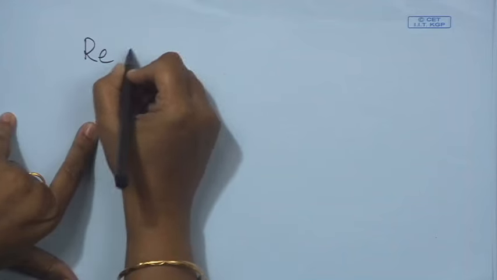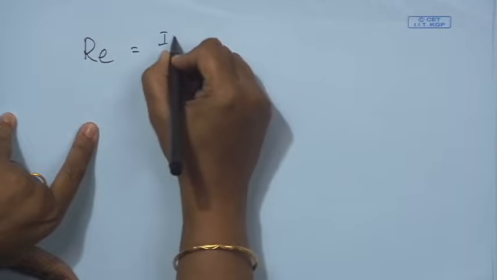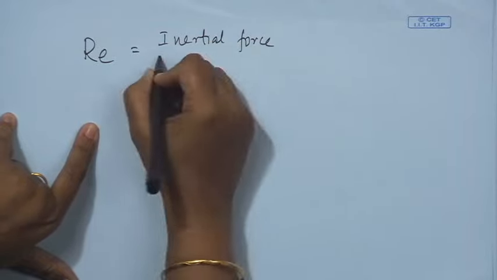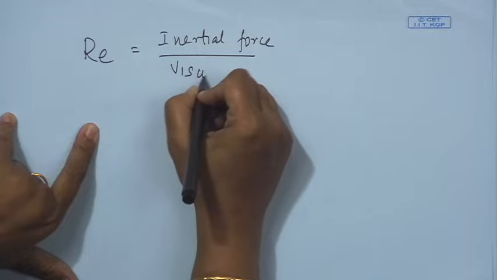Now, when we talk about any flow system, flow of water through a pipe, whatever we talk about, the first dimensionless group which comes to our mind is the Reynolds number, right. What is Reynolds number? As all of us know, it is basically the ratio of inertial force and viscous forces.